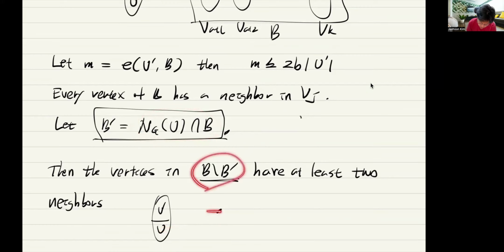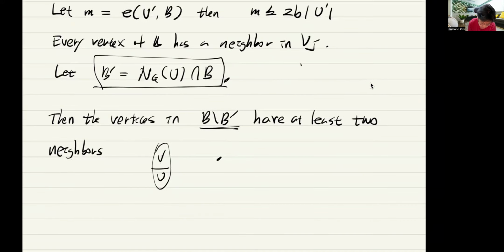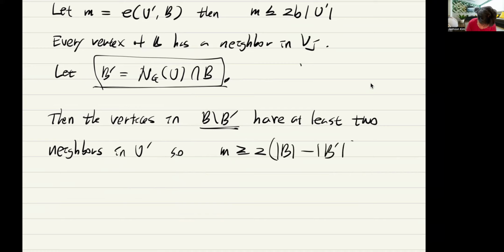But again, this one is not a solo edge, meaning that it has another edge, which also lies in U prime. So it has at least two neighbors in U prime. So the number of edges is at least 2 times the size of B minus B prime.